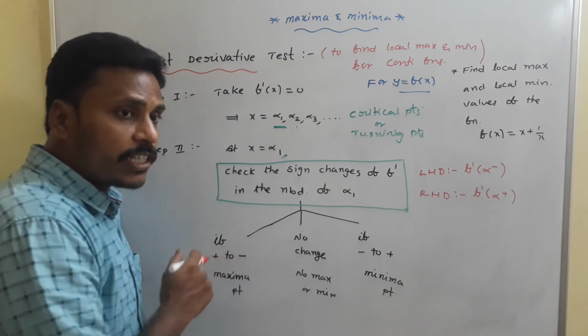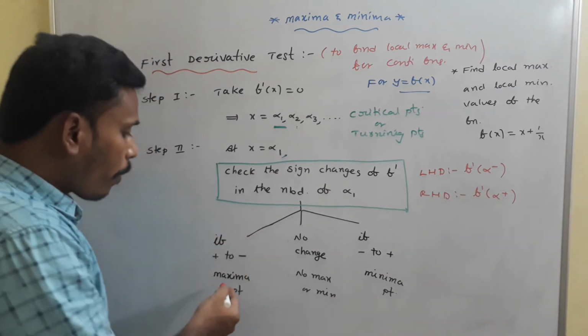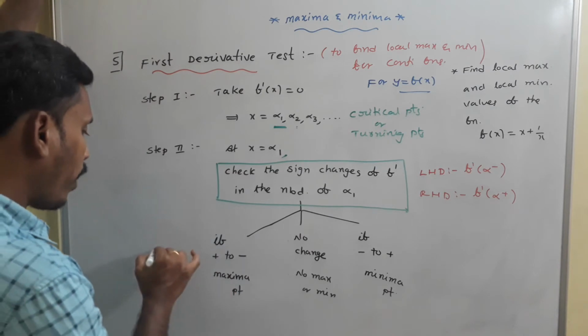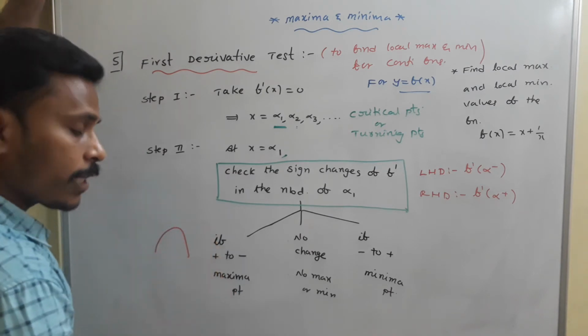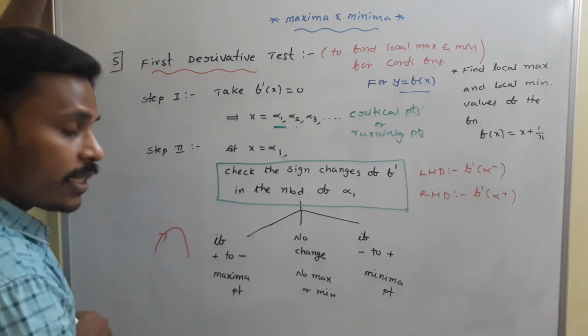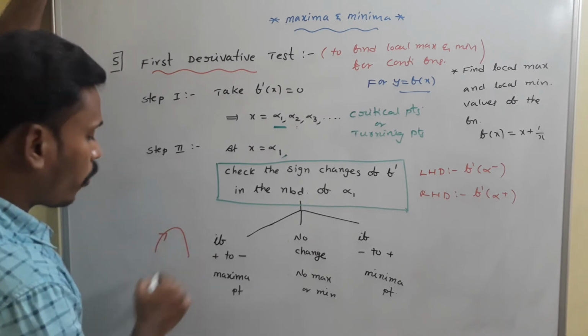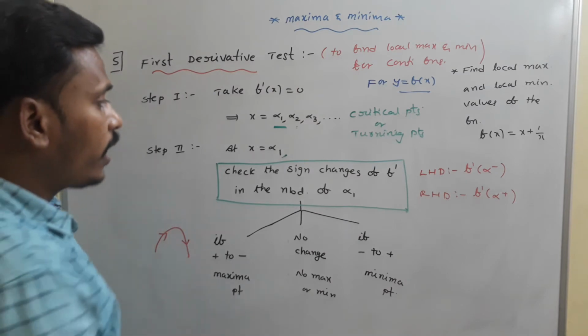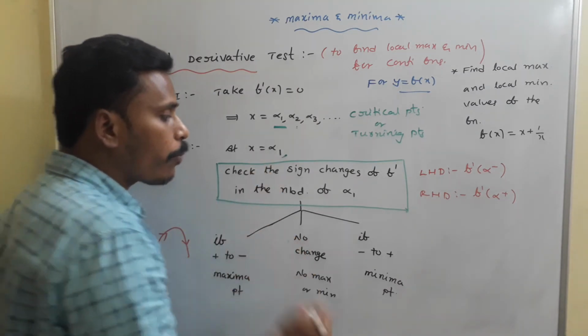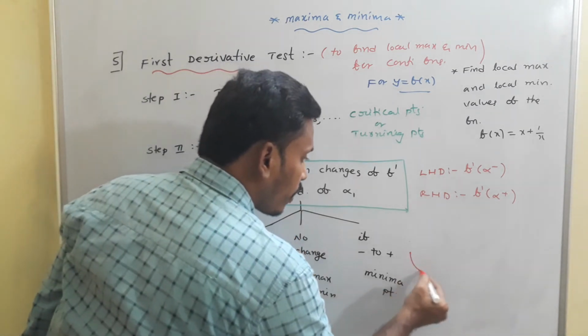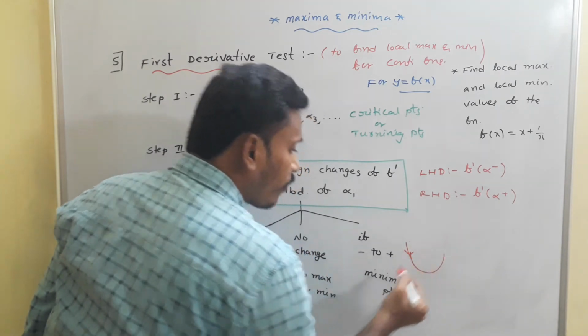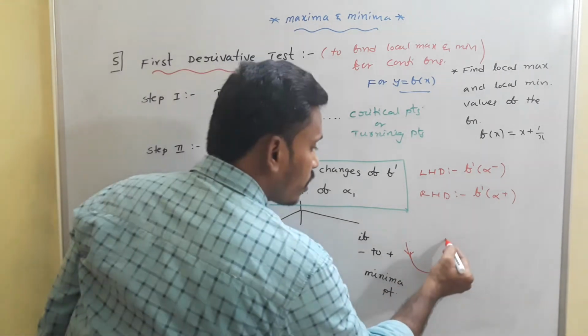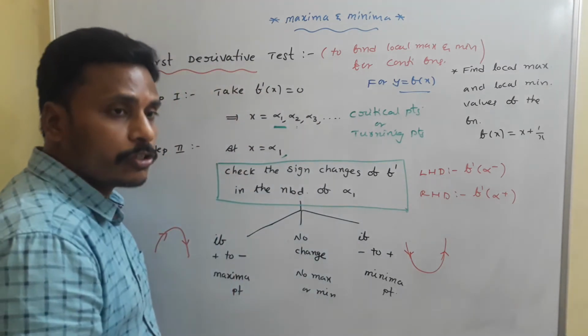As we discussed, we say it is a maxima point if the graph is like this. Here increasing means derivative positive, decreasing means derivative negative, so positive to negative. And this alpha 1 is considered a minimum point if the graph is like this. Here this side the graph is decreasing, so derivative negative, this side the graph is increasing, so derivative is positive.